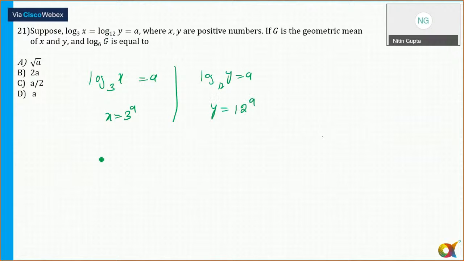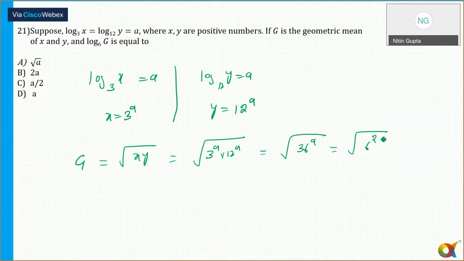And g is the geometric mean of x and y. So g is equal to root of xy, which is equal to root of 3 raised to power a into 12 raised to power a. That is equal to 36 raised to power a, which is root of 6 raised to power 2a. So the geometric mean is basically equal to 6 raised to power a.